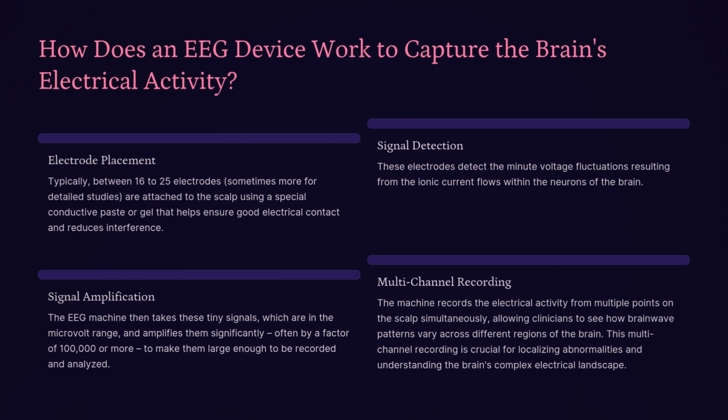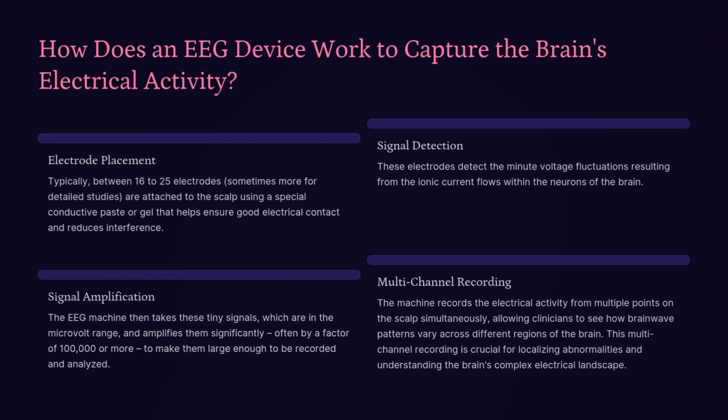How does an EEG device work to capture the brain's electrical activity? Now, let's explore how an EEG device manages to capture these subtle electrical conversations happening within the brain. The process relies on those strategically placed electrodes. Typically, between 16 to 25 electrodes, sometimes more for detailed studies, are attached to the scalp using a special conductive paste or gel that helps ensure good electrical contact and reduces interference.